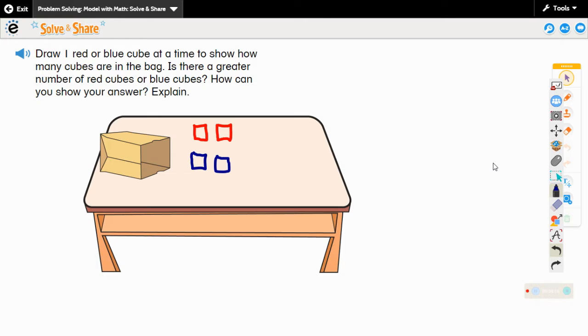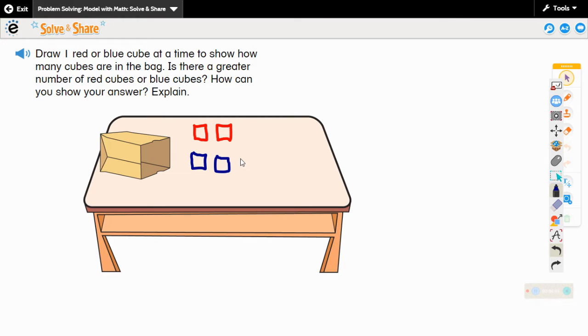Now, how many blue squares do we have? We have two of those too, don't we? We have two red and two blue. Do you remember what it's called when we have the same number of each? Equal. We have an equal number right now of red and blue squares because we have two of each. It's the same number, so it's equal.